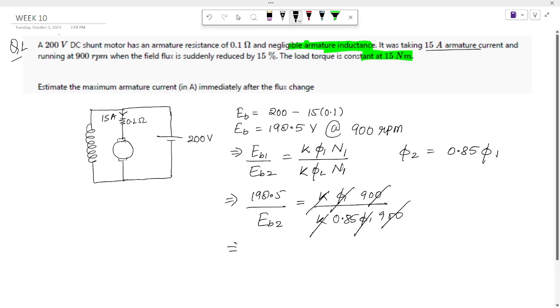So what do we get for EB2? The back EMF immediately after flux change will be 198.5 into 0.85. What is the value?